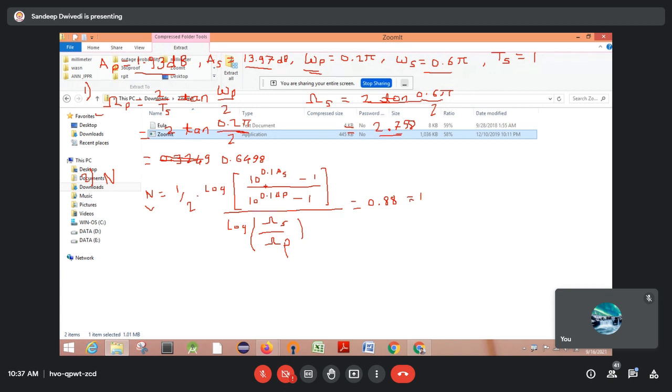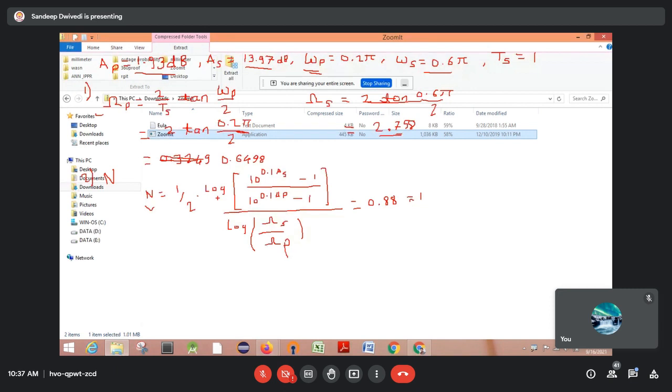Try to do this calculation: 10 raised to power 0.1 AS, that is 13.97, minus 1, divided by 10 raised to power 0.1 AP, where AP is 1.93, minus 1. You will get some value.